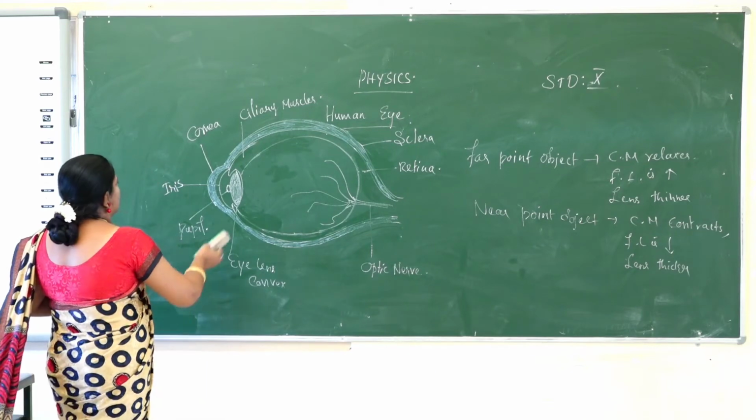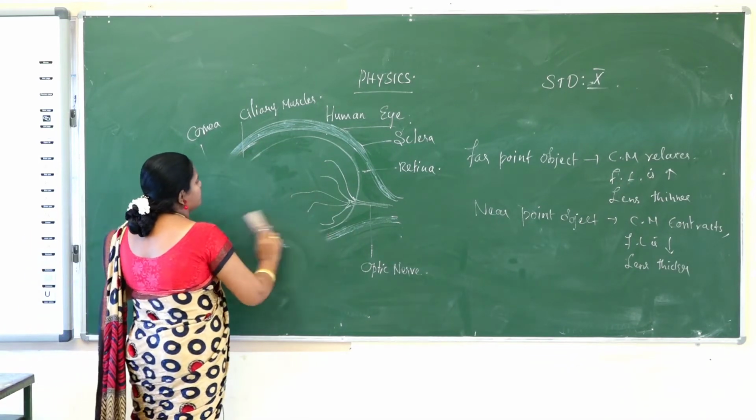What are the defects created in the eye?